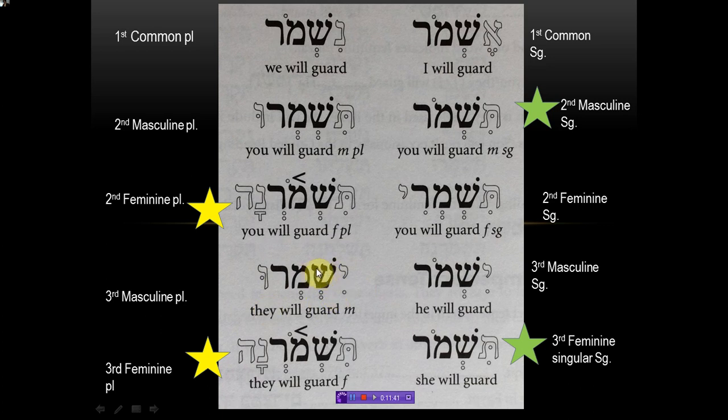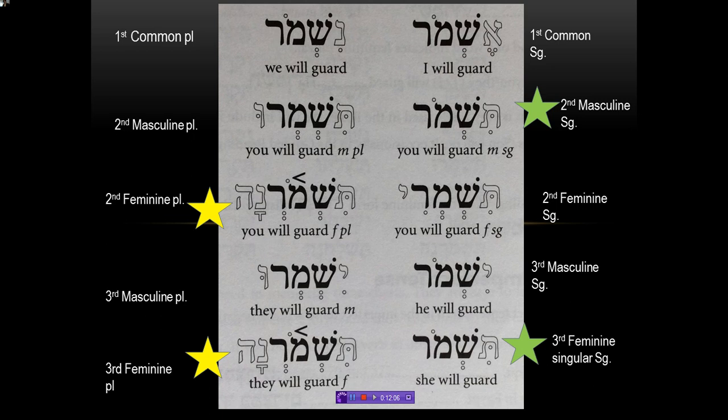Notice here there's a very close connection between third masculine singular, yishmor, and yishmeru. The only difference really is the fact that you have the u at the end of the plural, which you may remember, shamru, for instance, is also a plural ending in the prefix conjugation, that is, in the perfect.